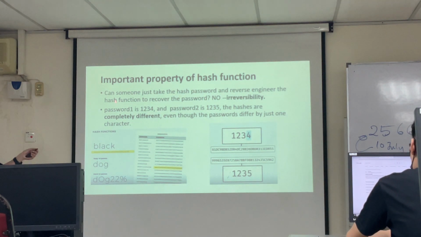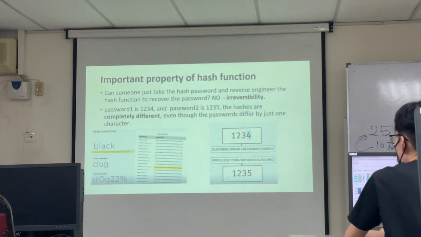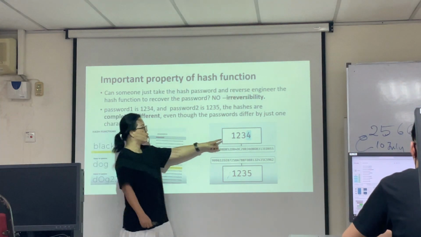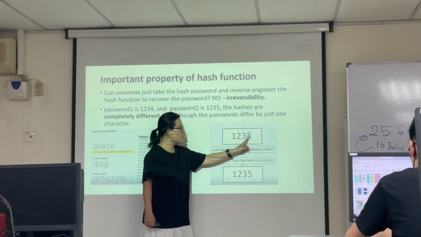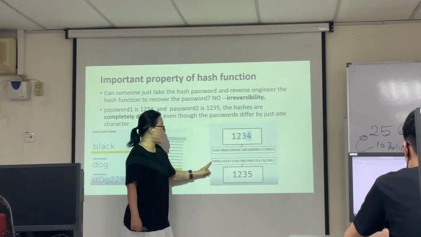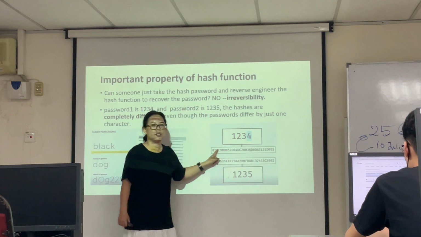So this one is just to tell you that when you have a small number like 1, 2, 3, 4 and 1, 2, 3, 5, with only one digit changed in the data you encrypt, the outputs are actually different.